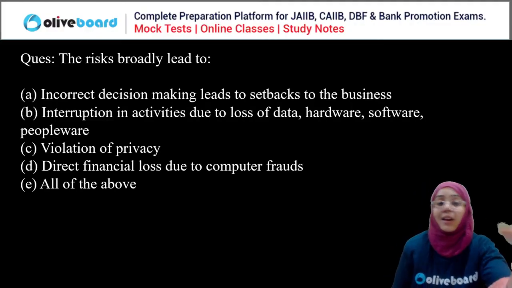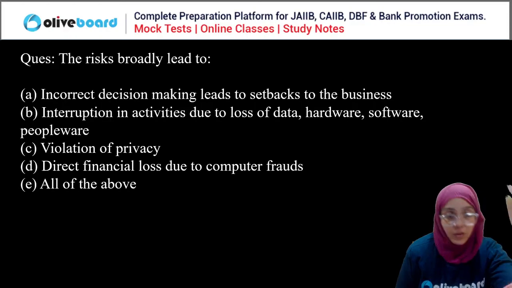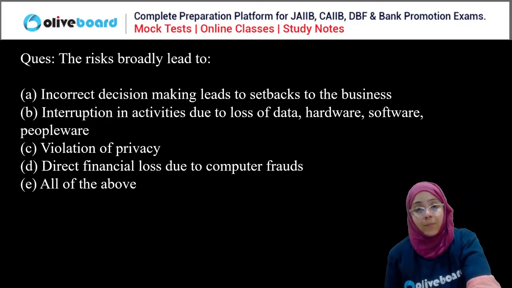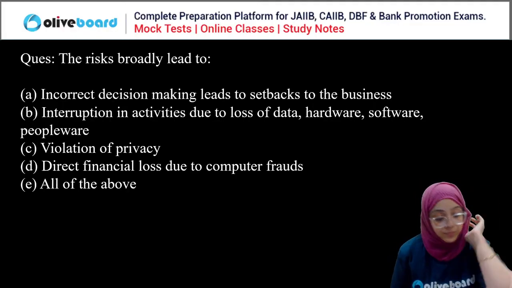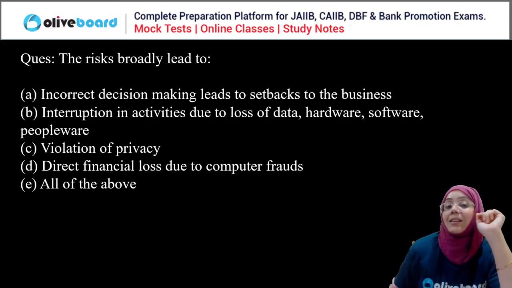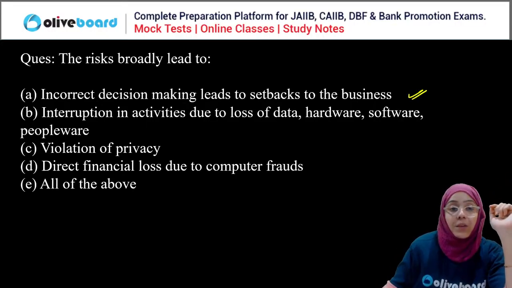Everyone, risk broadly leads to what? So you are all saying B. Now Mohan is saying E, Gopal B, Sunny E, Rigved E, Sunil B, Krishna B, Smriti B. Incorrect decision making leads to setback in the business, obviously.